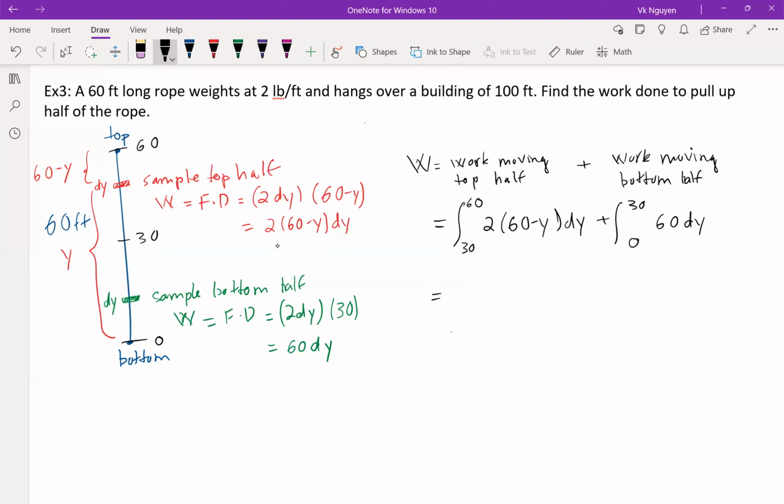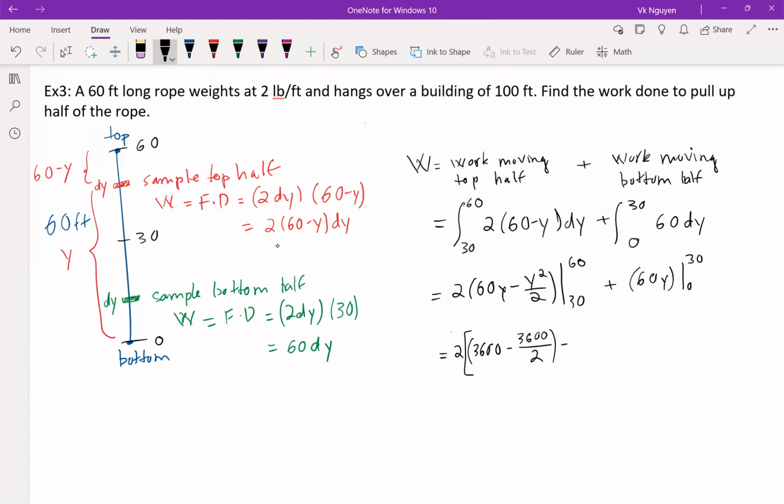Yay! Do the antiderivative. 60y minus y squared over 2, from 30 to 60, plus 60y from 0 to 30. Do the substitution here. 60 times 60 is 3600 minus 3600 over 2.